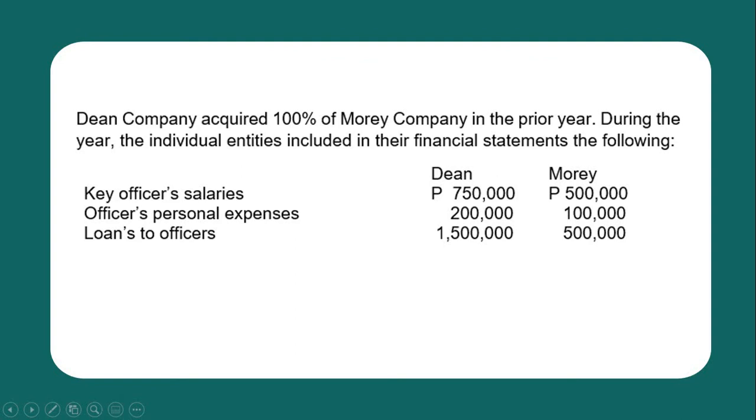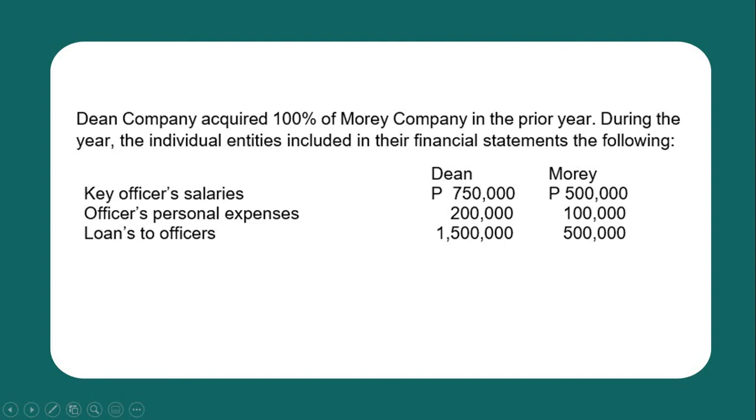So it is not considered a related party transaction. And we also have loans to officers, 1.5 million and 500,000 respectively. And these loans to officers are considered related party transactions.